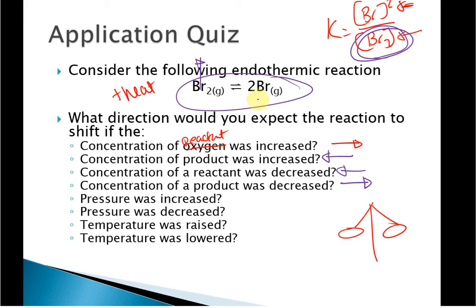If you increase pressure, you're going to go to the side with fewer gaseous components. Here we have 1 mole of a gas. Here we have 2 moles of a gaseous compound. And so if pressure is increased, here we're going to move to the left because it's got the side with the fewer moles of gas.